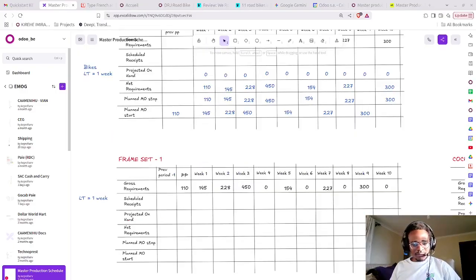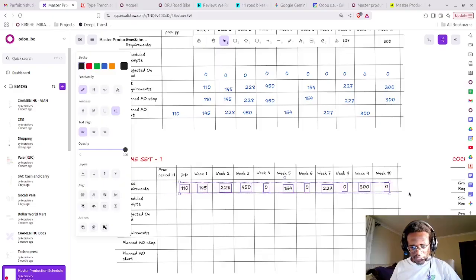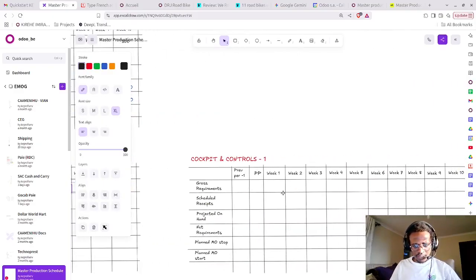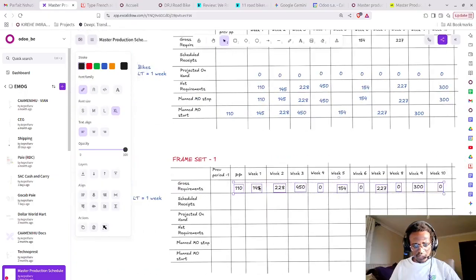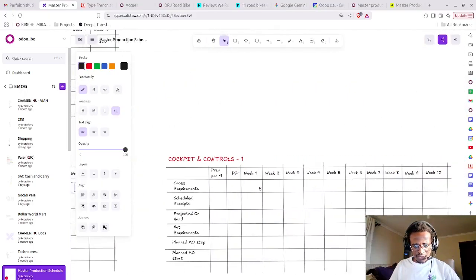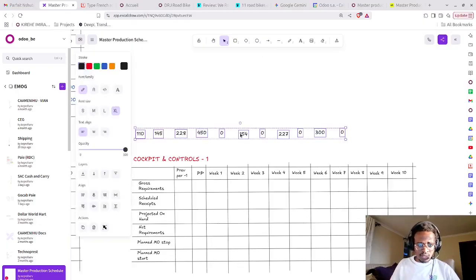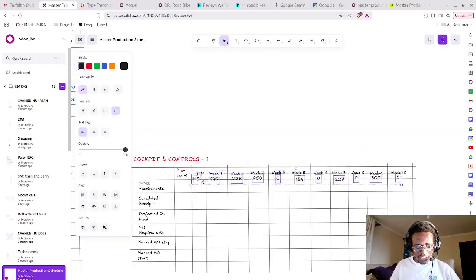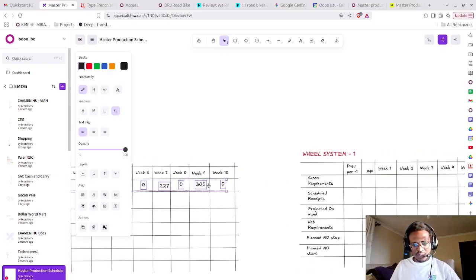So this is all that I need. I'm just going to copy it and paste it over here, and I need to start with the previous period. So I'm just going to paste and drag 110, 145 to 28, fits very well.